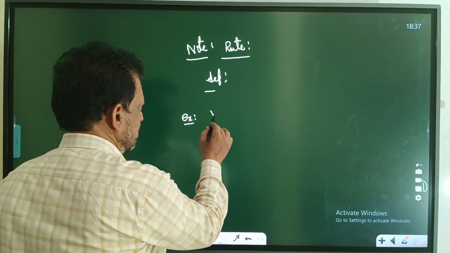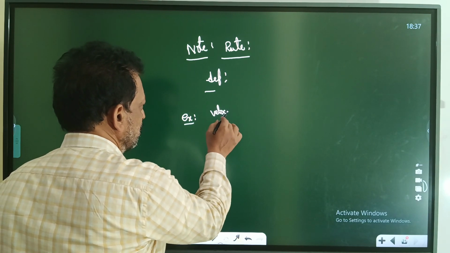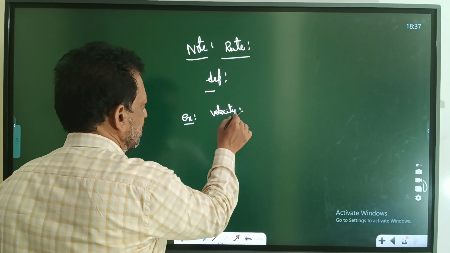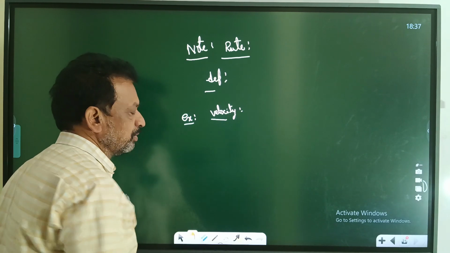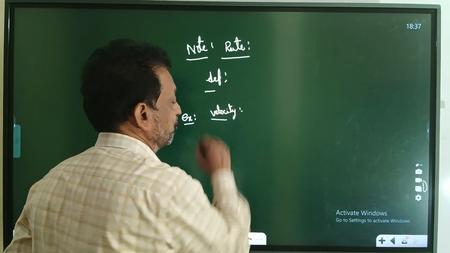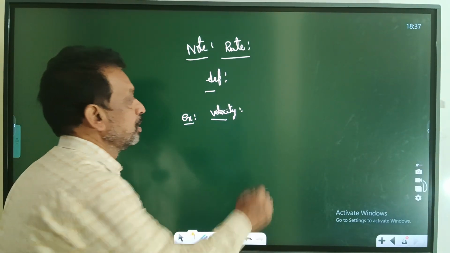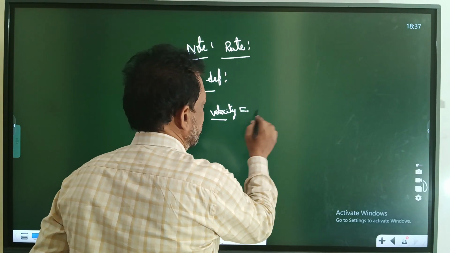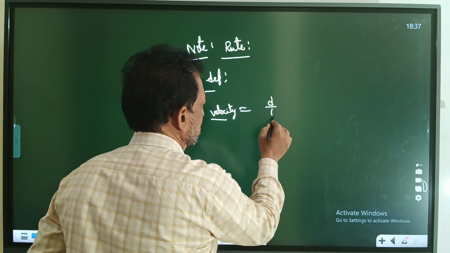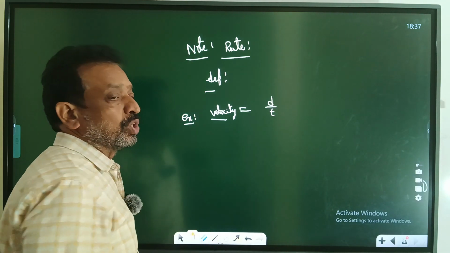Velocity. What is the definition? Rate means time. The rate of change of displacement is called velocity.